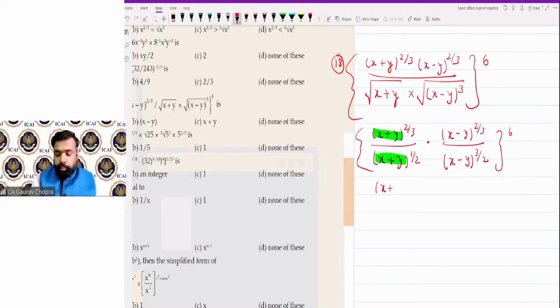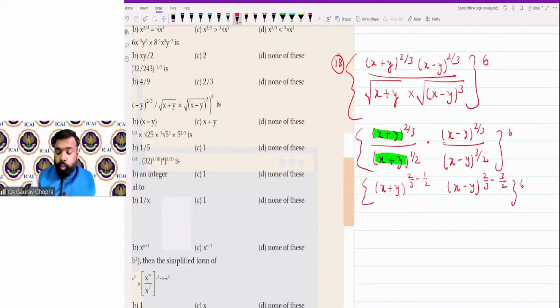So x plus y whole to the power of 2 by 3 minus half. Similarly, x minus y to the power of 2 by 3 minus 3 by 2. And then whole to the power of 6. So let us simplify by taking the LCM.